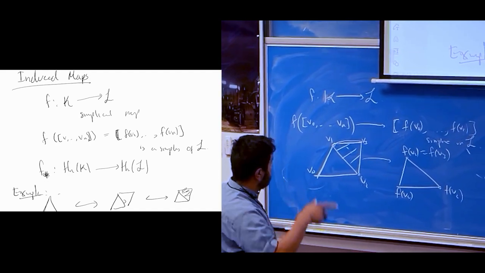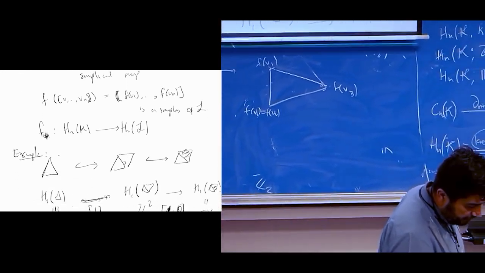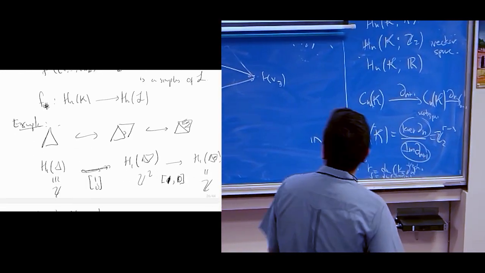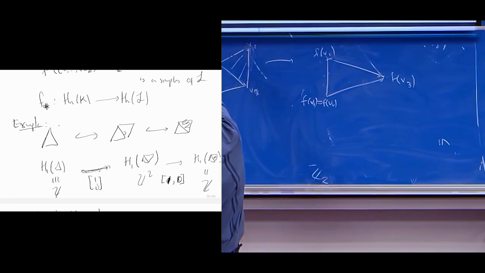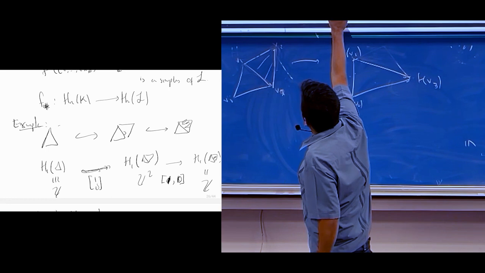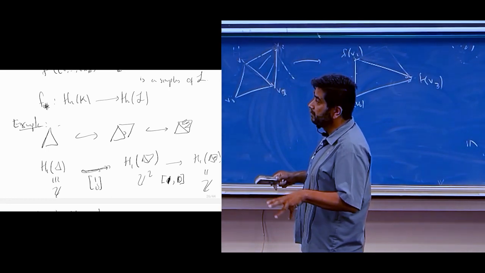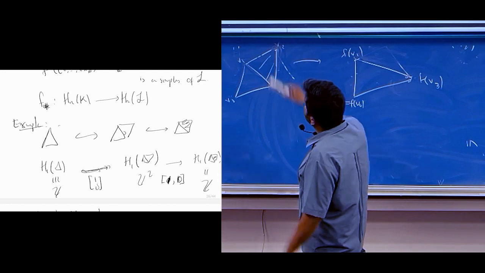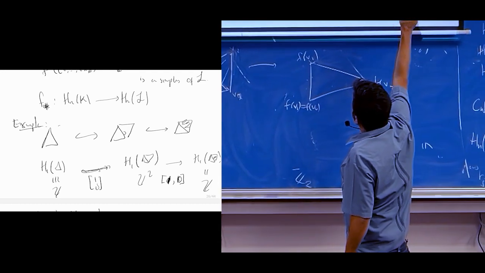And here is a very basic example. I have here a triangle, and then that triangle is contained here. Inclusions are the most simple kind of simplicial maps. So here is the inclusion, and here is the inclusion of this thing into the other one.